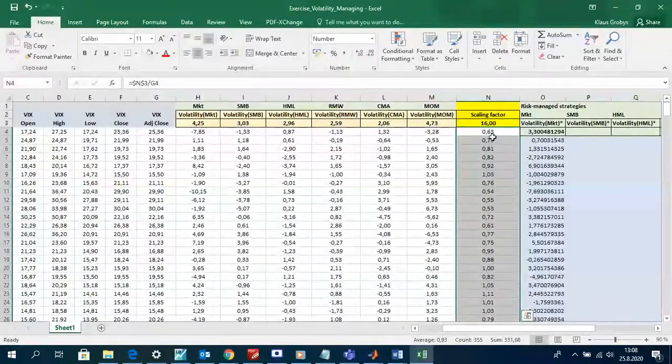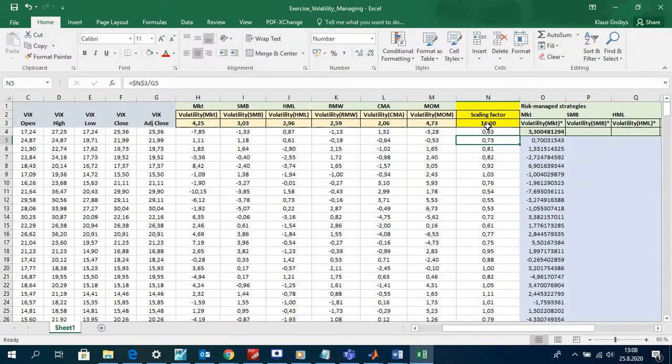This is what it tells us. So obviously, a scaling factor c star of 16% would give us here a volatility of the risk-managed market factor of 3.3.